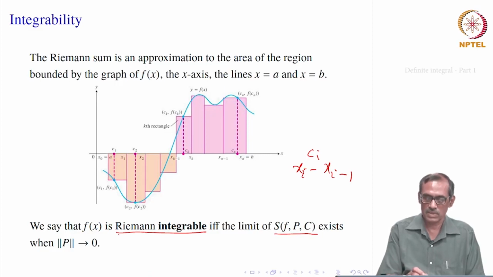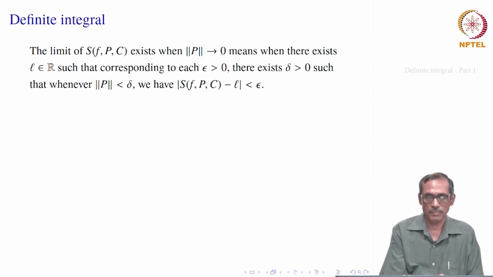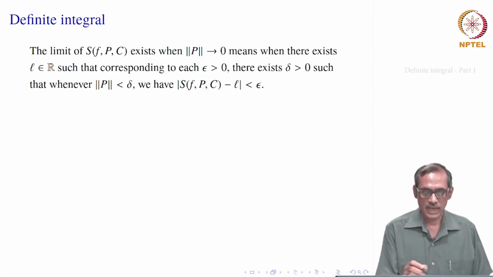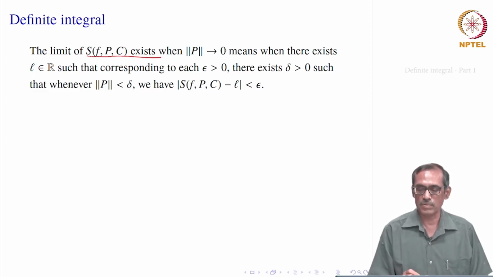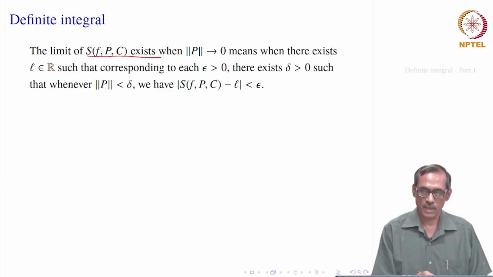If that limit exists, we say that the function is Riemann integrable, and that limit we identify as the area we wanted to express. That is exactly our definition: the limit of S(f,P,c) exists as norm P goes to 0, and that will be the area. But what is the meaning of this limit existing when norm P goes to 0?